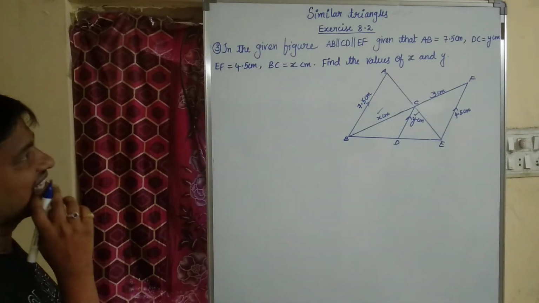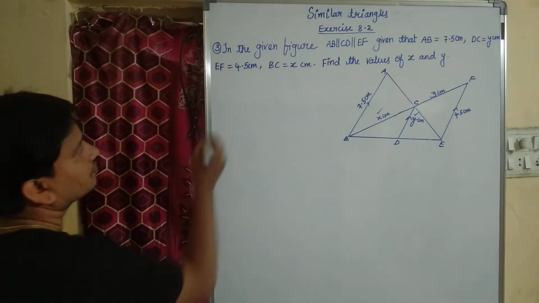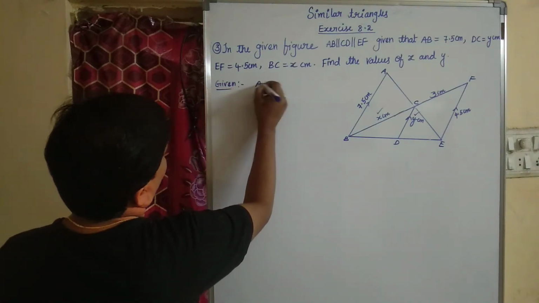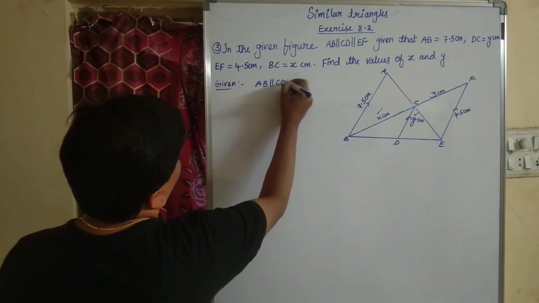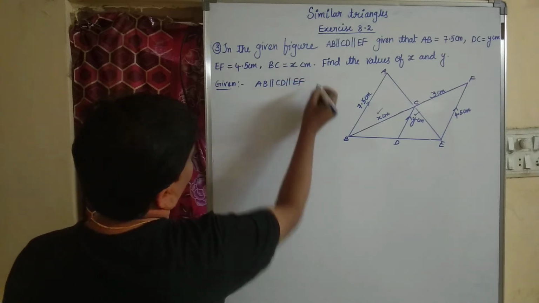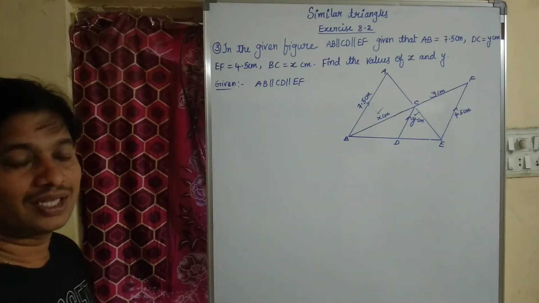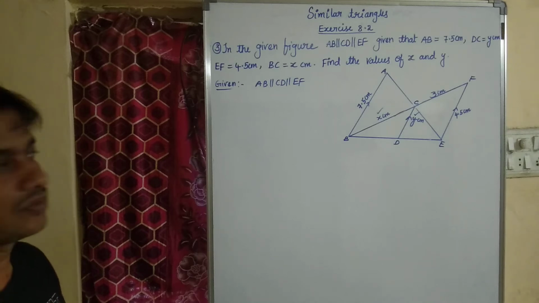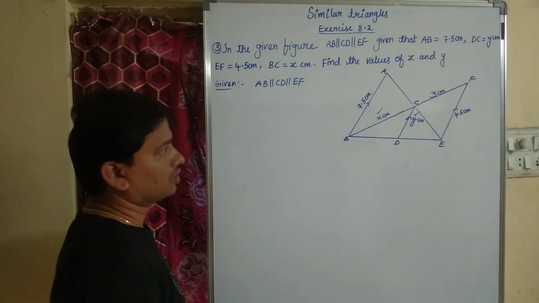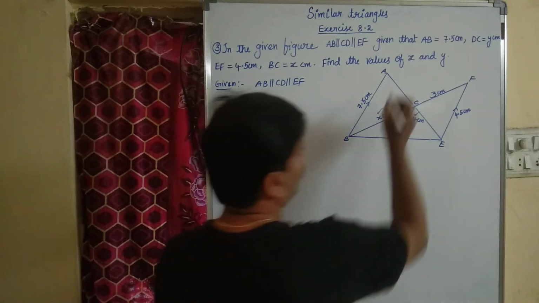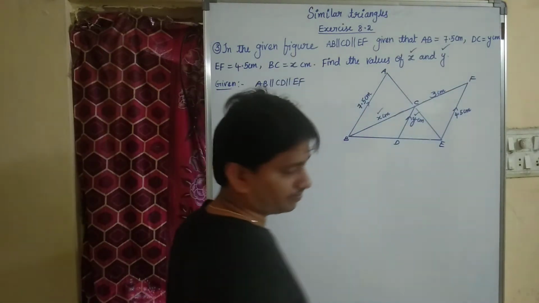Okay. See, as it is given, AB is parallel to CD is parallel to EF. If they are parallel, their corresponding angles are equal. To find the value of x, the motto is we have to find the values of x and y.